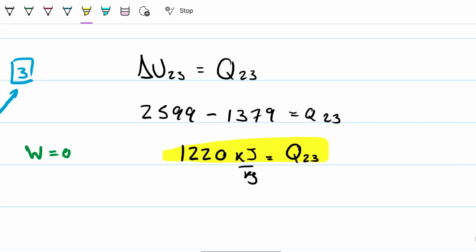Beautiful. Now I can combine this with the other one that I have and multiply with the mass to find the total heat.